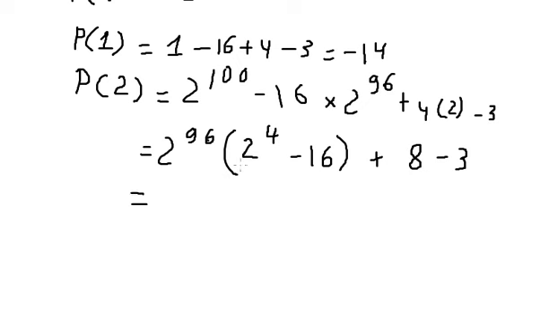If we look carefully, 2 to the power of 4 you got 16 in here. So that means 16 minus 16 you got 0 in here. So we just have only this one. 8 minus 3 you got 5.